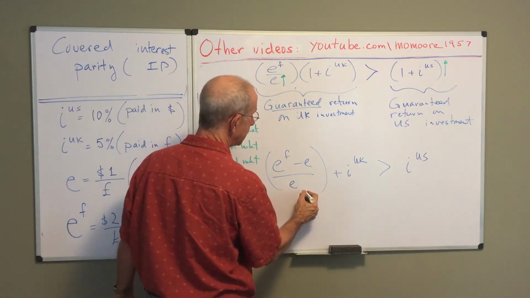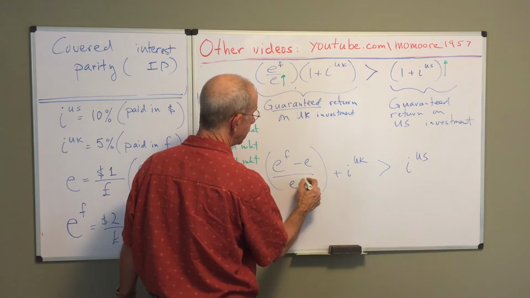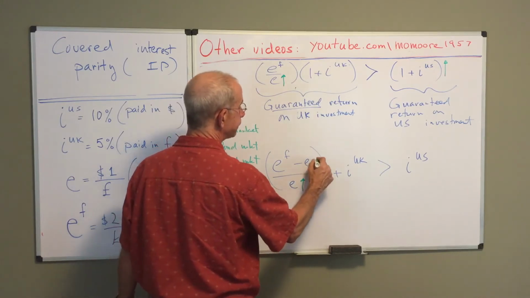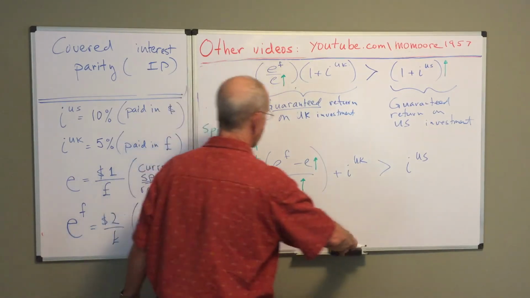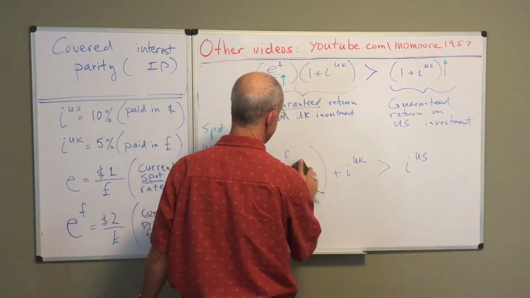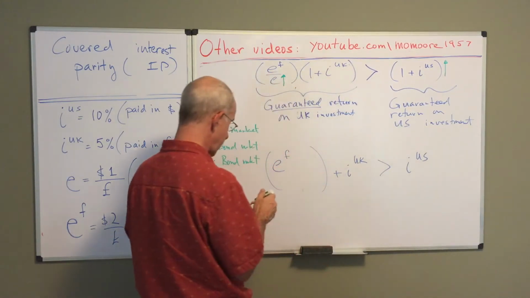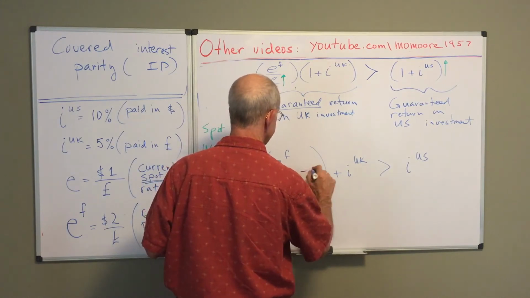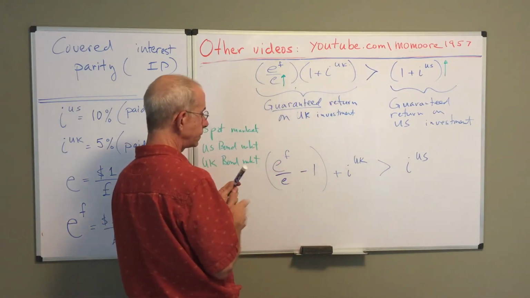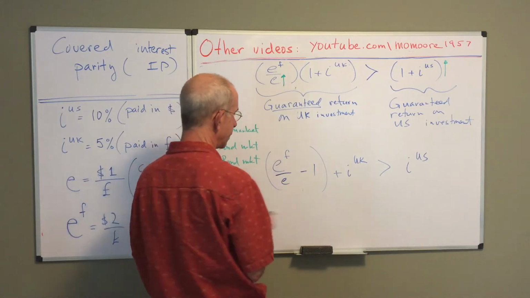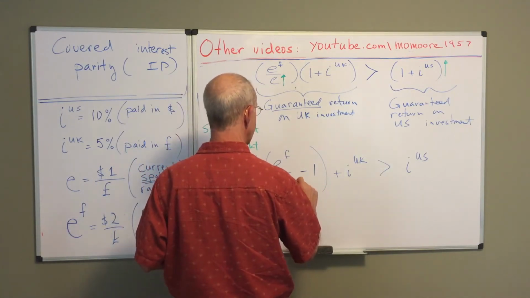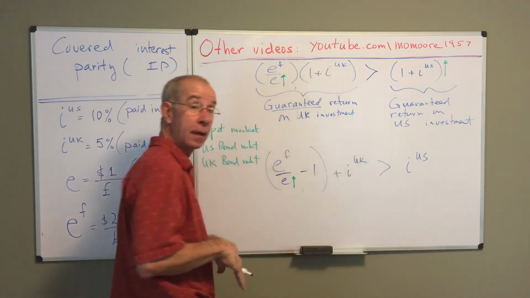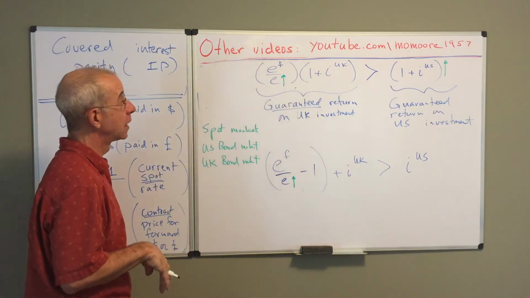So E will tend to go up. And I'm going to actually rewrite this to make this a little bit clearer. This is the same equation. I've just written this percentage in a different way. So E is tending to go up.